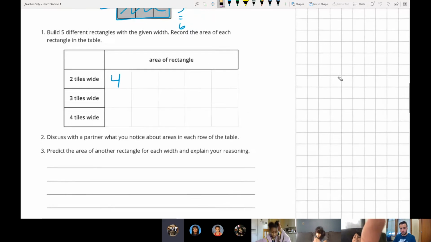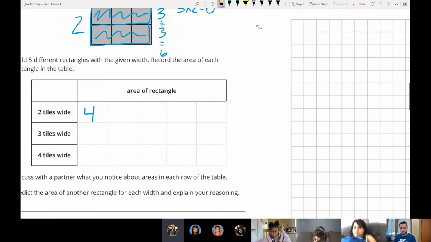So the first one I'm gonna do is 3 tiles wide. There were 3 squares inside, and I got kind of confused, so I just put 3 times 1 equals 3. Yeah, that's exactly right.